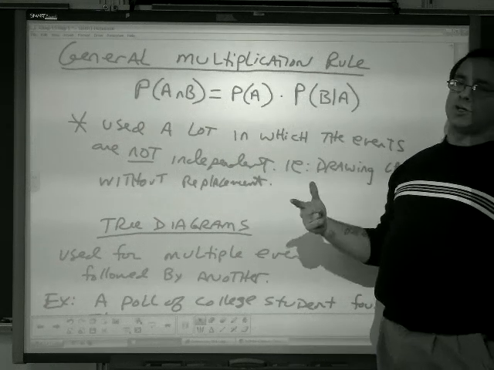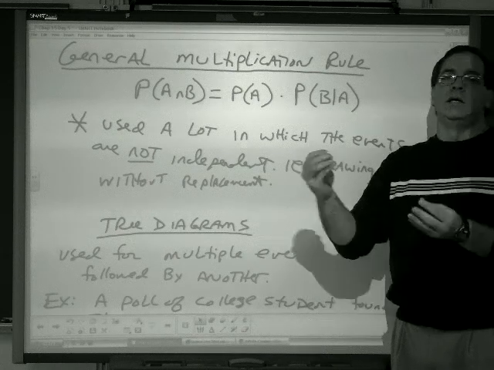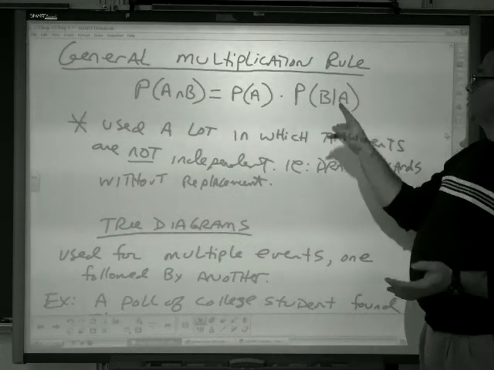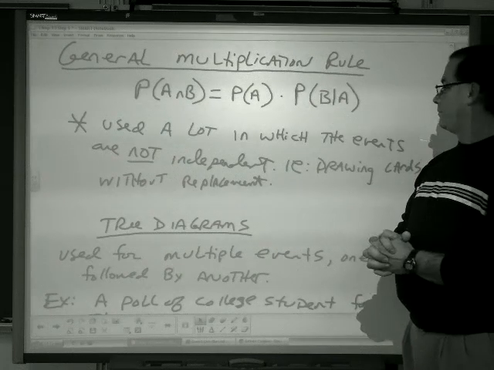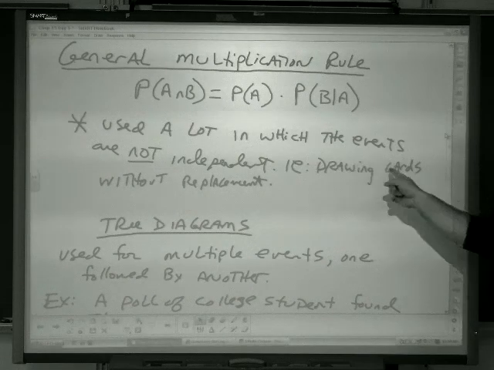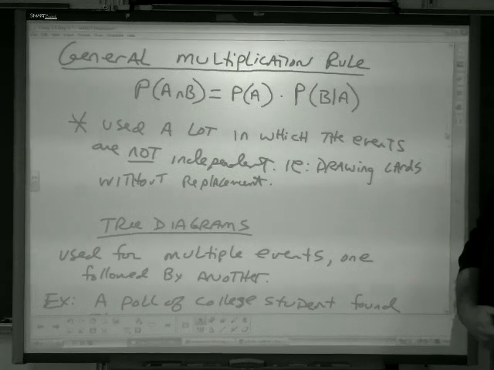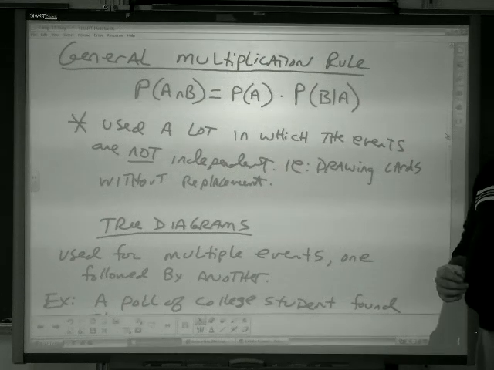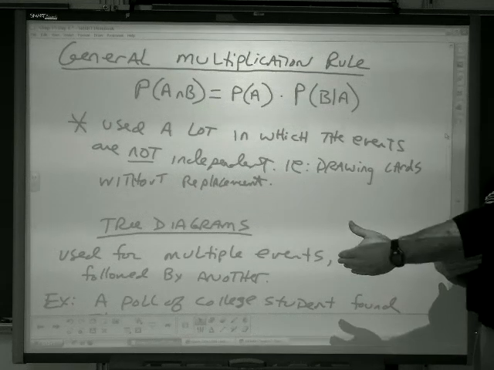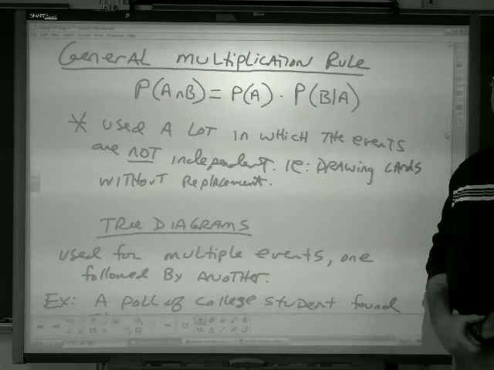So if there's a situation like drawing cards, and you do not replace the card, then that creates an event that's not independent. So we have to take that into consideration. This is used a lot when the events are not independent, like drawing cards without replacement. And we'll do some of those practice problems in class. You have to ask yourself, does the first event affect the next? If so, I have to account for that as I multiply those events together.